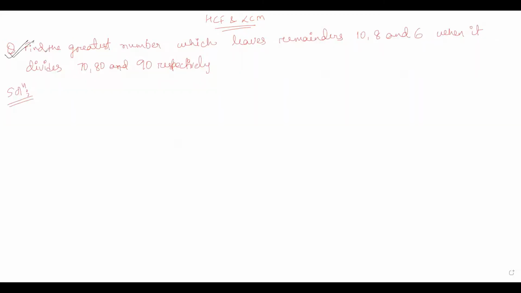Okay, so now let us see another question. The question says, find the greatest number which leaves remainders 10, 8, and 6 when it divides 70, 80, and 90 respectively. So there is one number which is dividing 70, 80, and 90 and leaves remainders 10, 8, and 6.